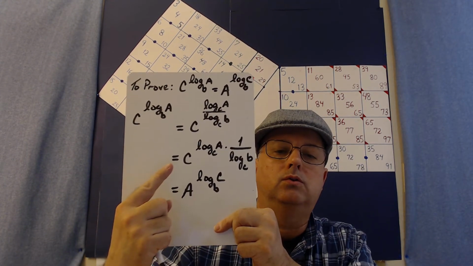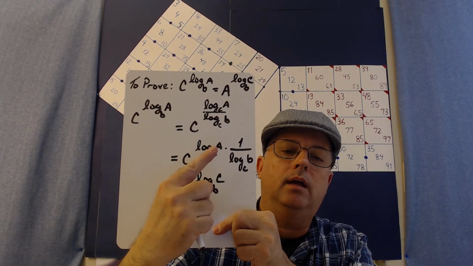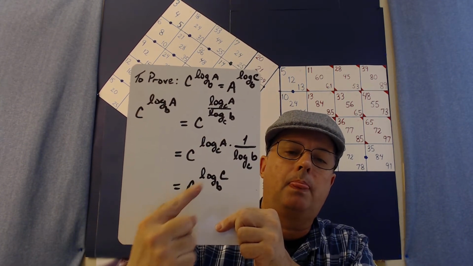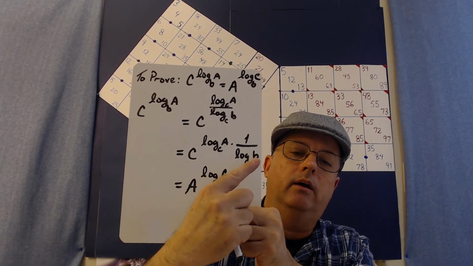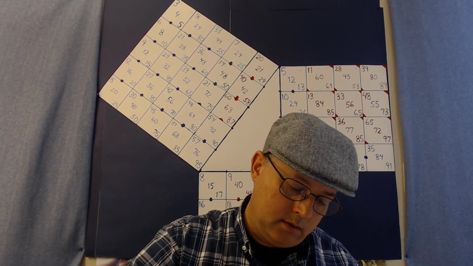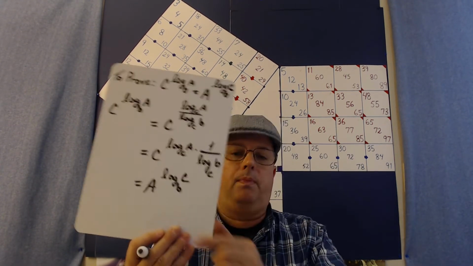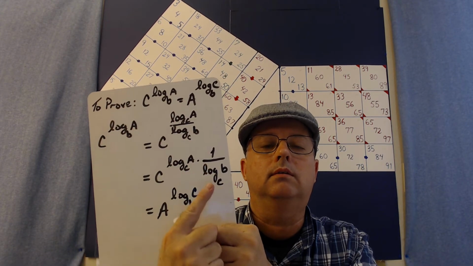Okay. So here, c to the log base c of a became a, and then 1 over log base a of b became log base c, it's a c right there. See? It's still a c.